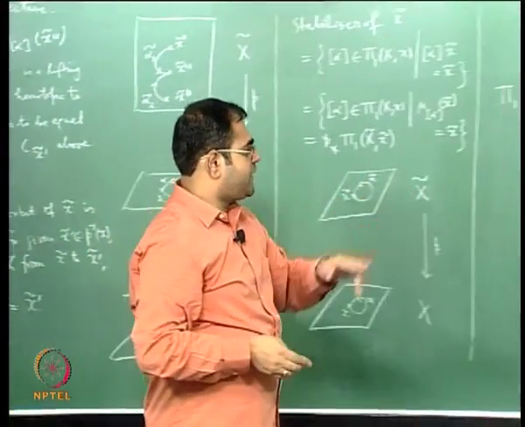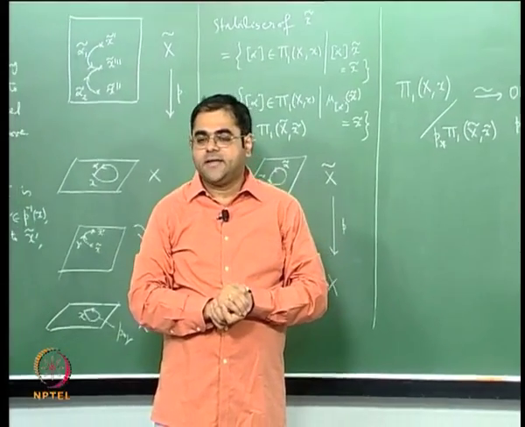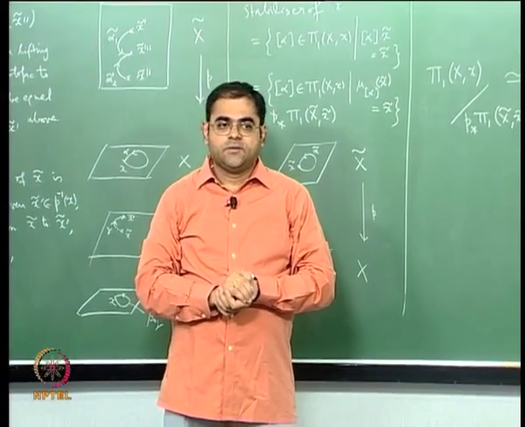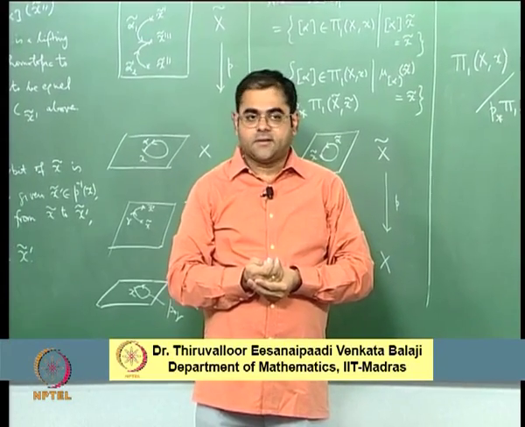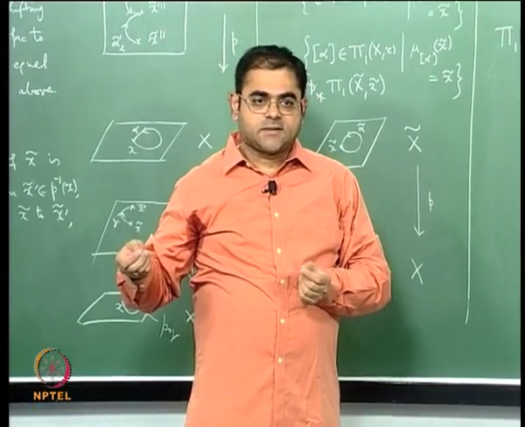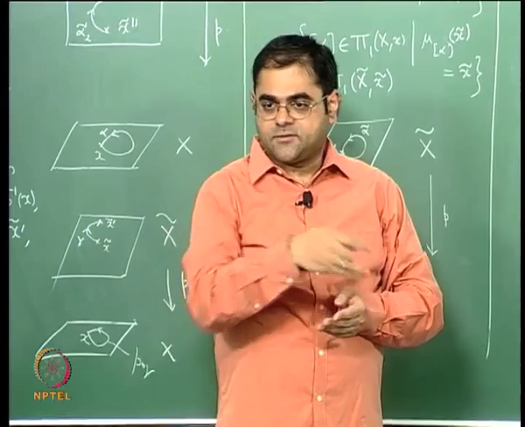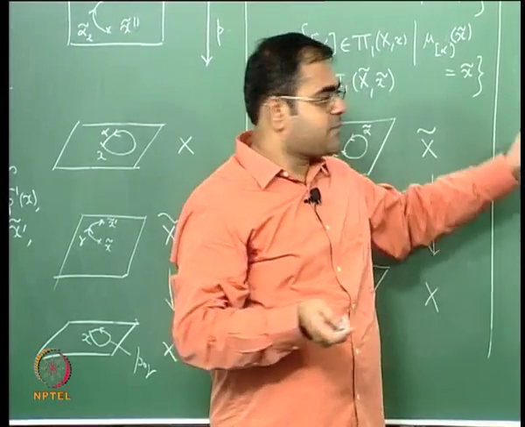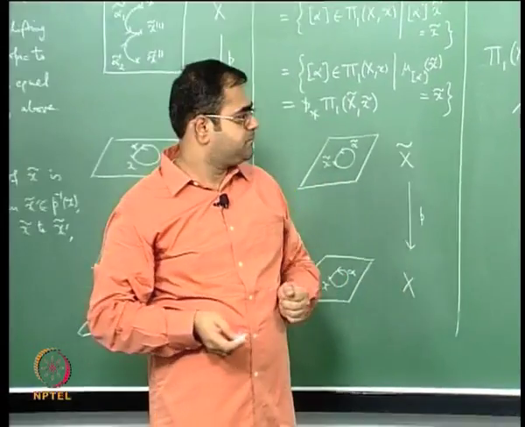So that explains why in the case of the complex structure on the cylinder or the complex structure on the torus, the inverse image of a point was bijective to the fundamental group of the cylinder or the torus, respectively, okay. So it is a very general thing that happens in any covering space in this sense, okay. So we will stop here.